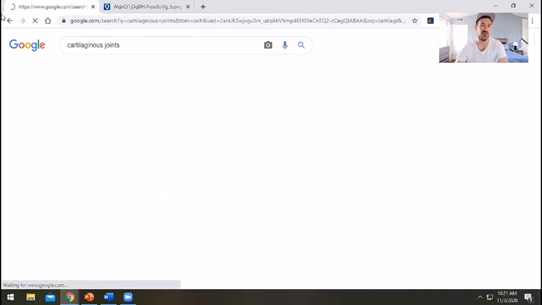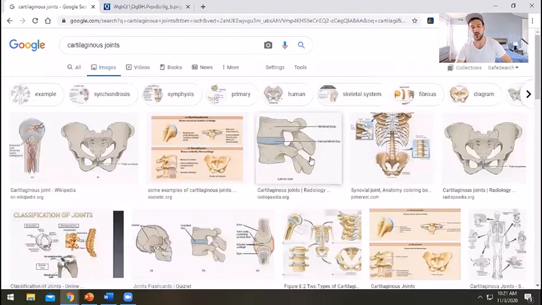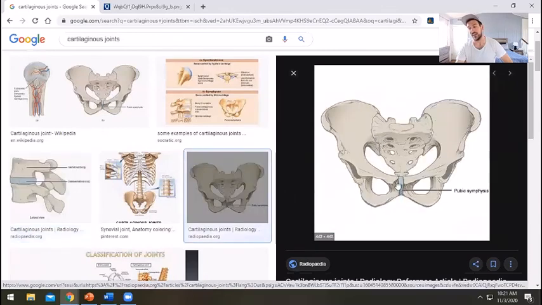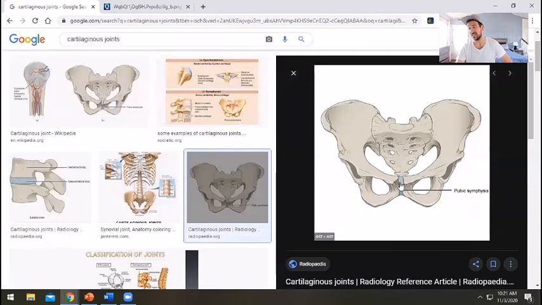So for instance, this little bit of material in here, or the classic example, where the two parts of your pelvis come together. It really isn't designed to move much, right? It can move a little, it's designed to do just little bits of movement here and there. That's a semi-movable joint.